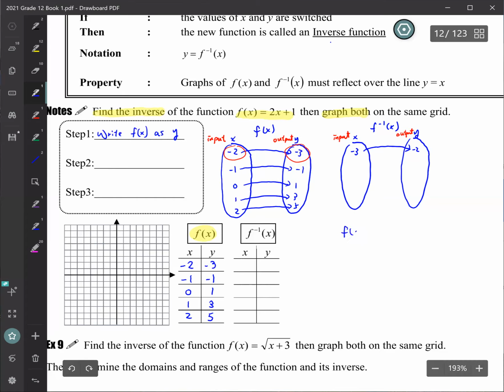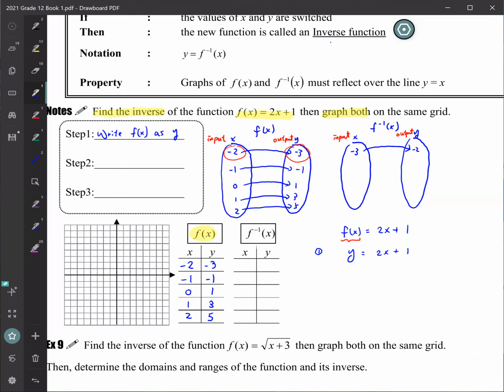So here's the question: f of x is 2x plus 1. Your step 1 is to rewrite this part, write f of x as y. If the question already has y, then you don't have to do step 1.